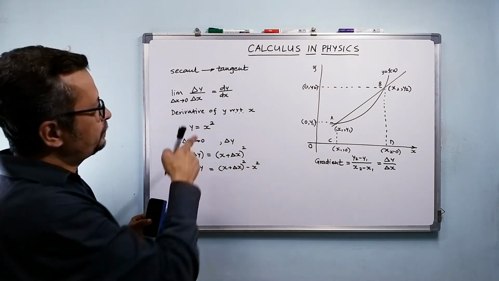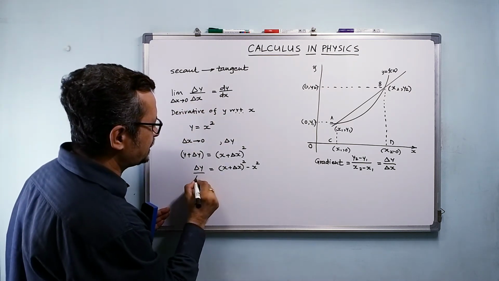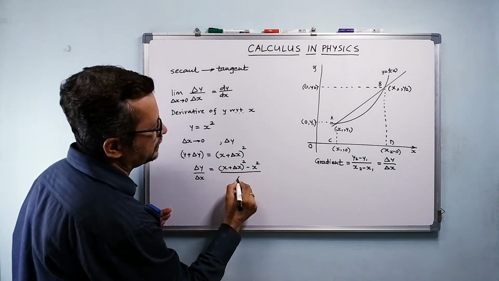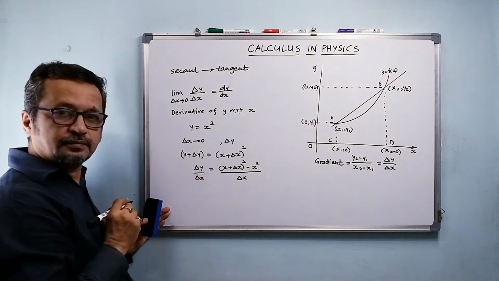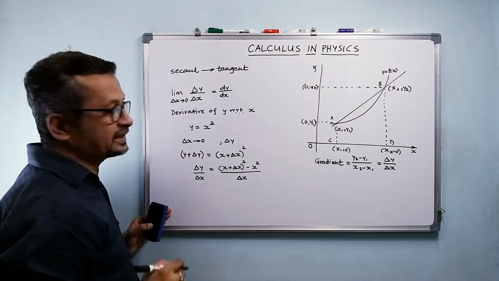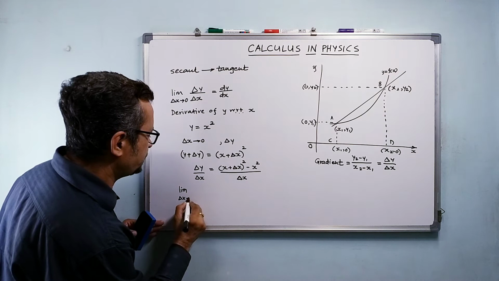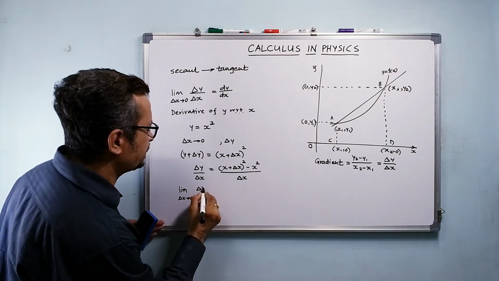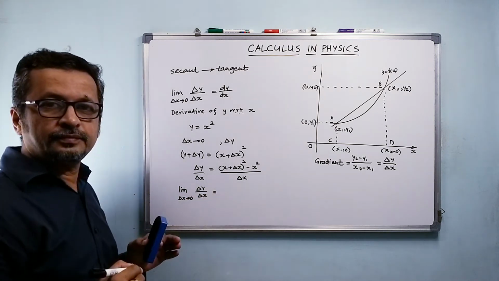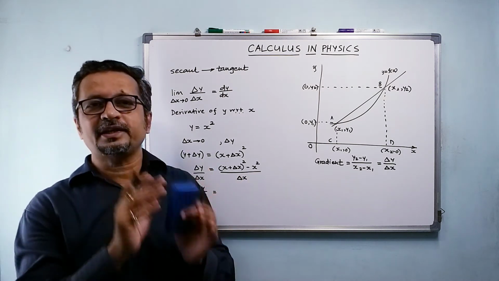Now we have to find delta y by delta x, so I am going to divide this by delta x. Now I am taking the limit as delta x tends to 0, of delta y by delta x. Here what is my delta x? Is it not x plus delta x minus x?